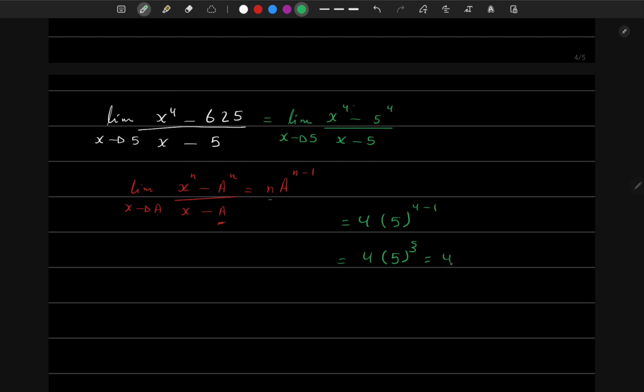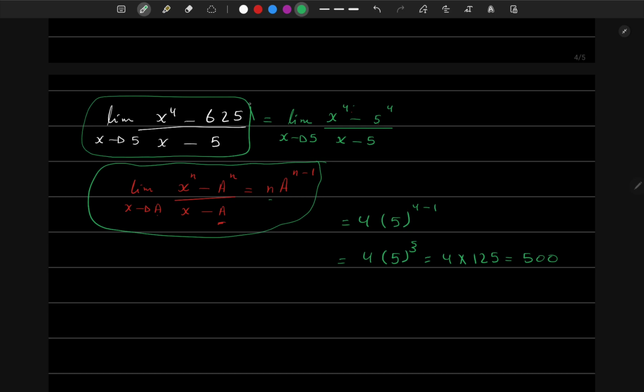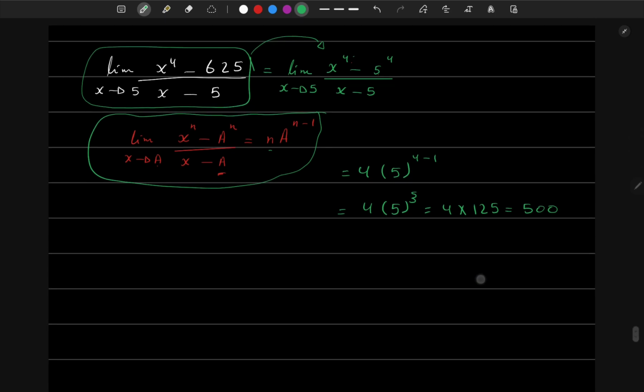And this equals 4 multiplied by 125, which equals 500. So if you find a limit that looks like this, you can simply use this rule, and if it doesn't look like it right away, you can try to make it look like it, and then use the same rule.